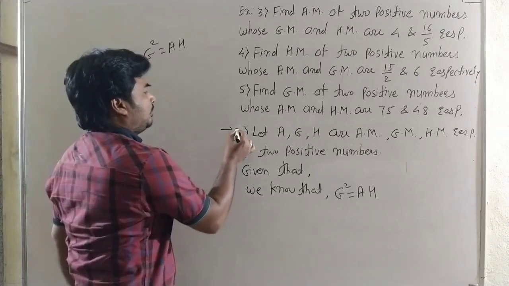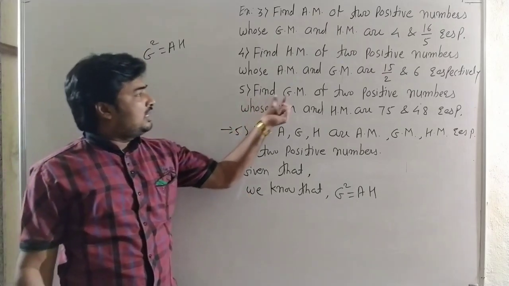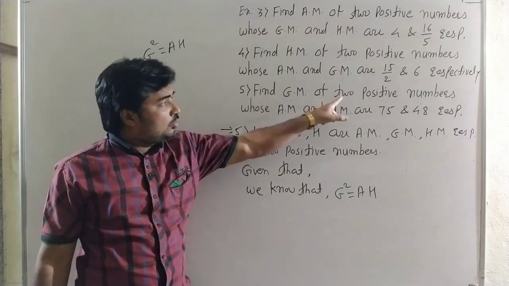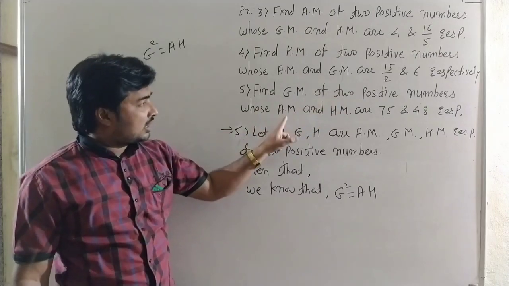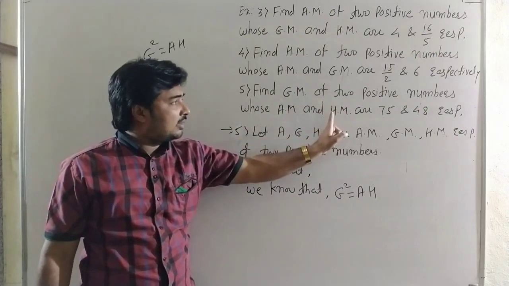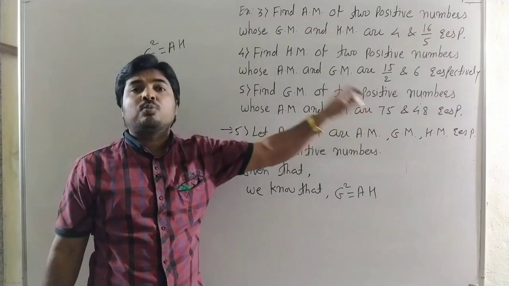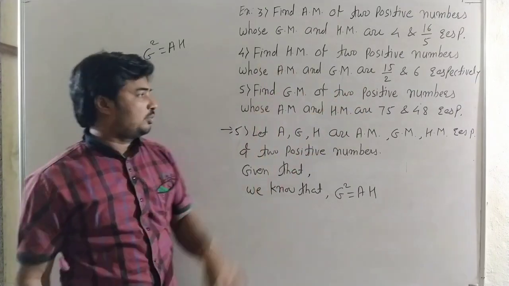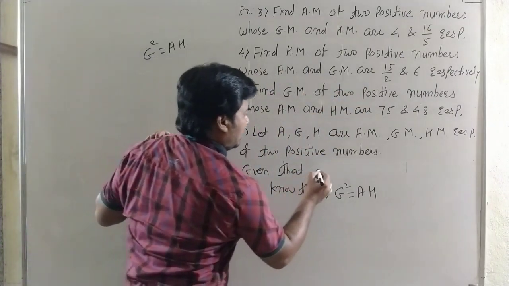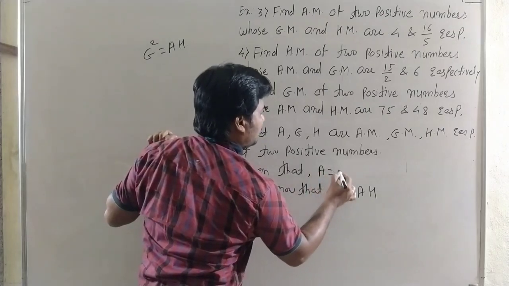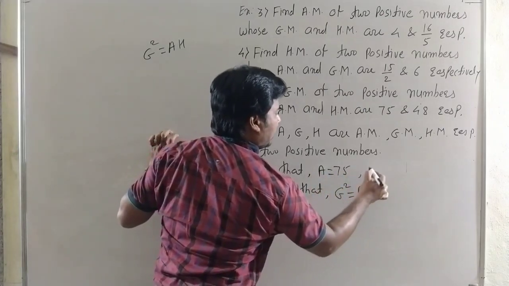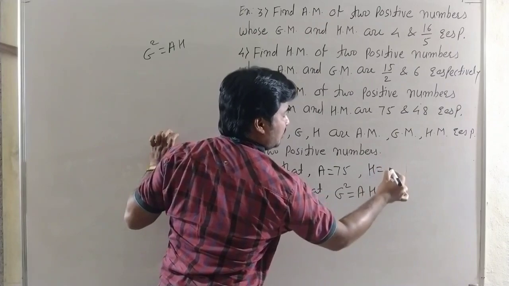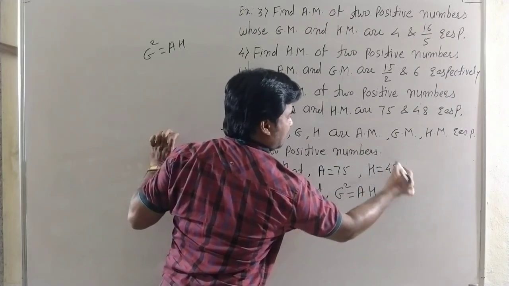Here in the fifth example, find the geometric mean of two positive numbers whose arithmetic mean is 75 and the harmonic mean is 48. See carefully. Now here given A is equal to 75 and H is equal to 48.